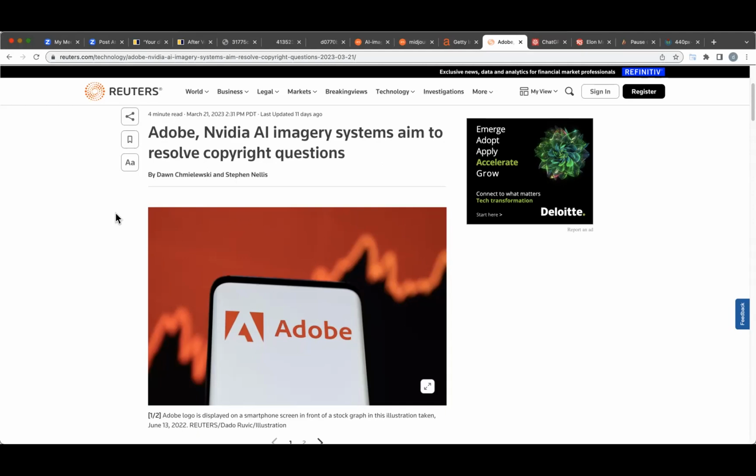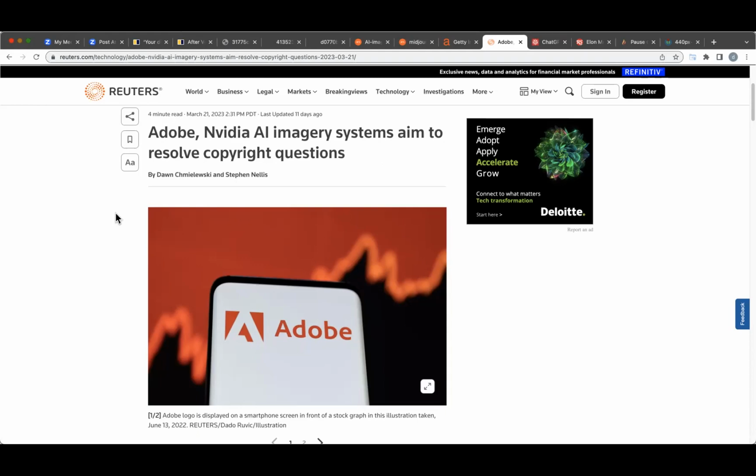And you can, I guess, sign up for this program. And if they use your images, then you get paid through this program. So that's very interesting. I think we're starting to see the way that this stuff is going to end up. I think we're seeing the migration to systems that are sustainable from a legal standpoint.